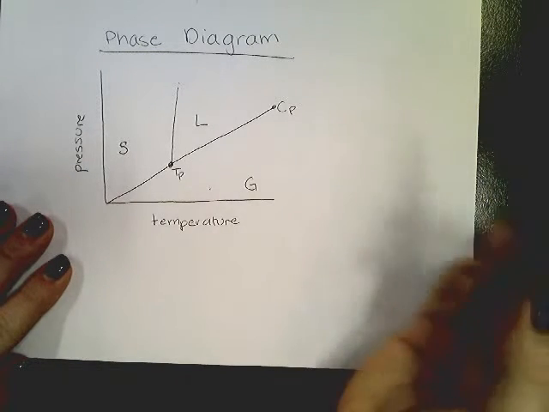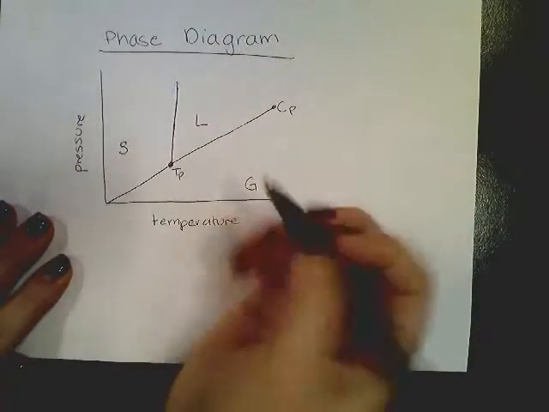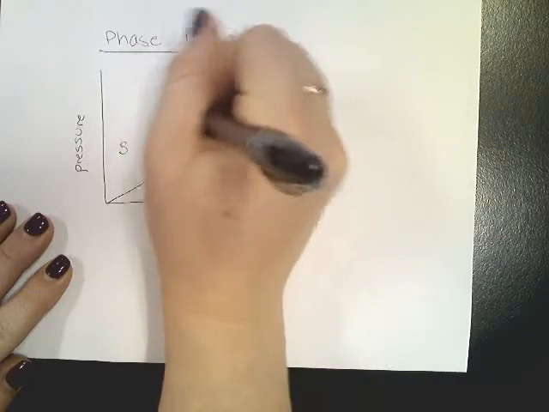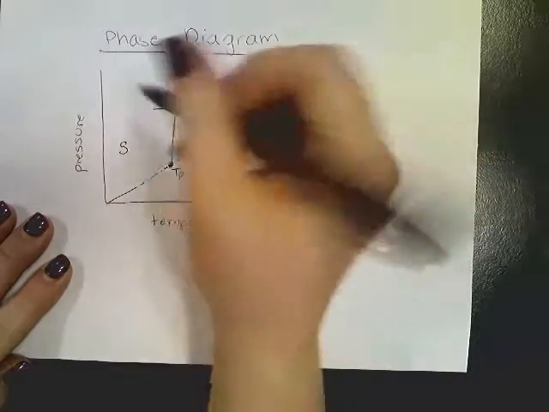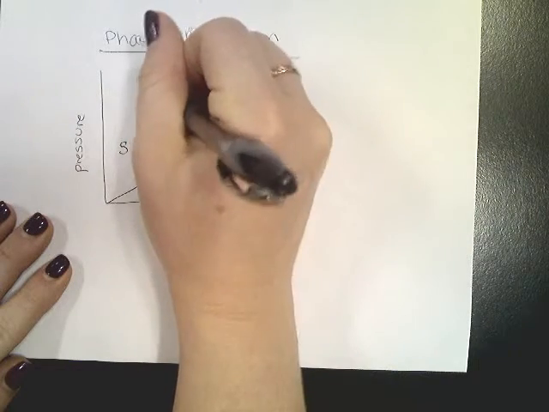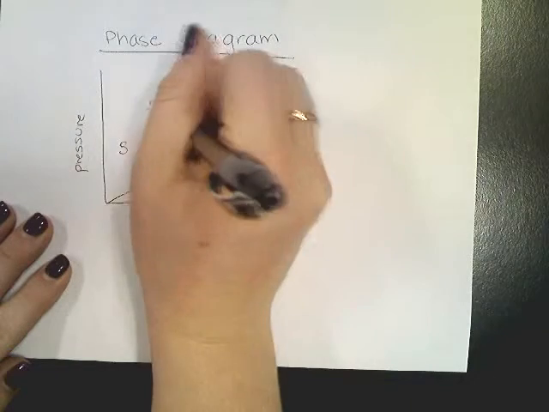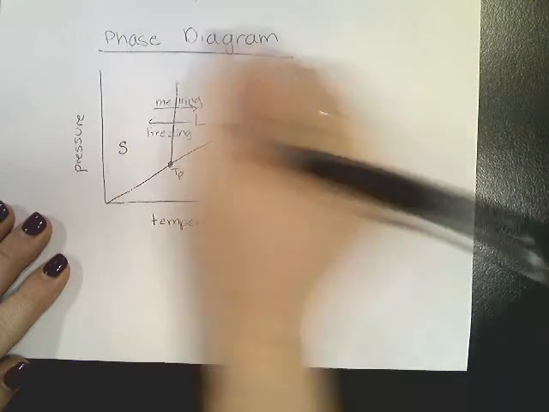Going through this, I'm going to first talk about what it means if we are going across a line. So if I go from a solid to a liquid, that is a phase change, and I'm going to be going from solid to liquid, so this is melting. The opposite of this would be freezing.